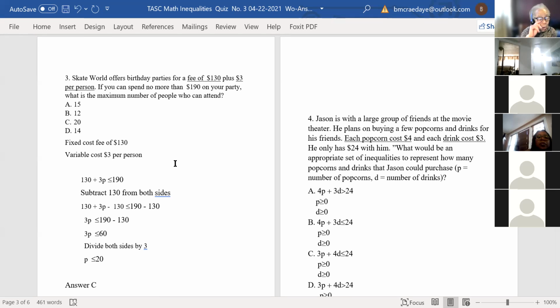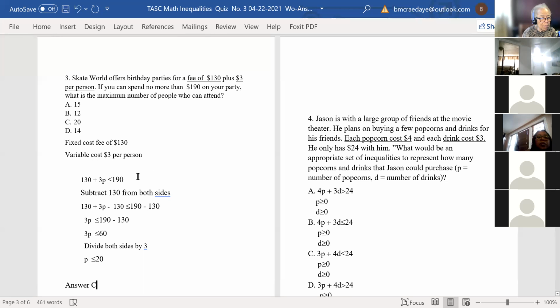But if your budget is $190, you've got to find the maximum number of people who can attend your party. And this is what this inequality says: 130 fixed fee plus $3 per person has to be less than or equal to 190. Mercedes, you following?